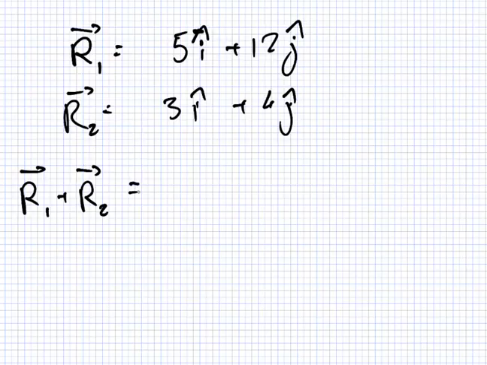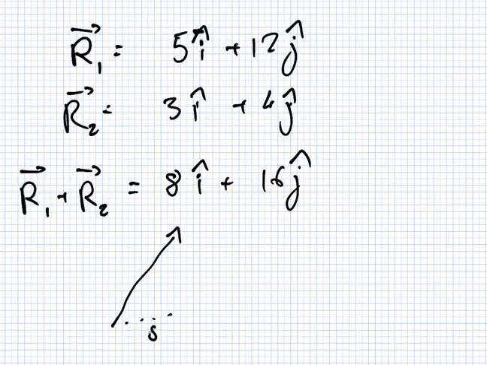But you don't need that law to add them together when they're in this form, because they're just like regular algebra. You have 5 i's plus 3 i's, so in total 8 i's. And you have 12 j's and 4 j's, 16 j's. So when I draw it, it would look something like this, where it's 8 on the base, 16 height, and the hypotenuse would be 8 root 5.